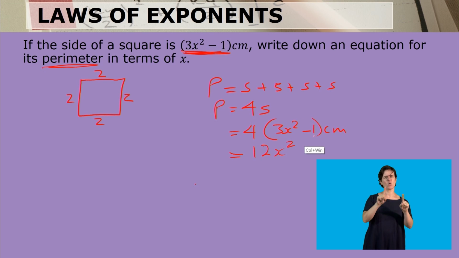Then 4 multiplied by negative 1 would give us negative 4. And that is how we express that. And then centimeters, because we were given the unit of centimeters. So that is how we express the perimeter in terms of x.